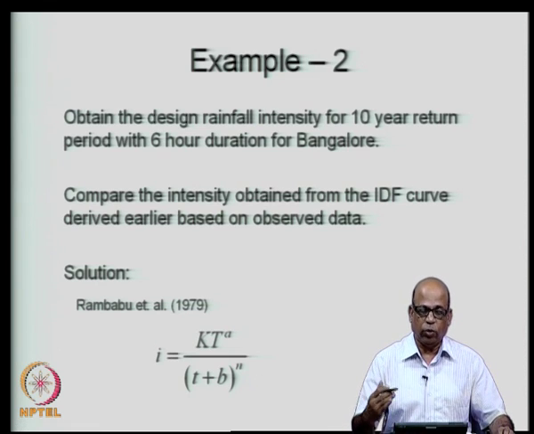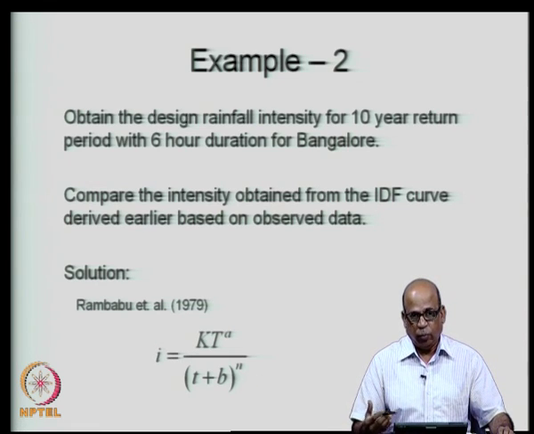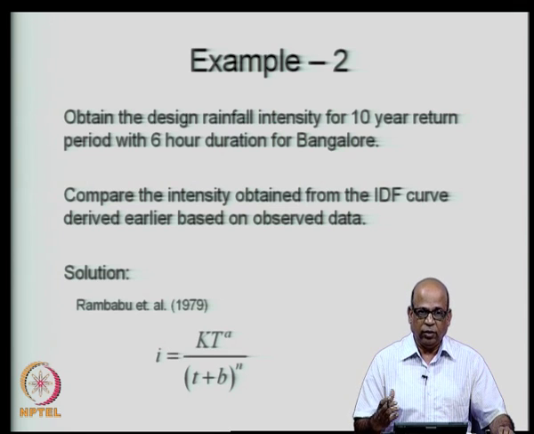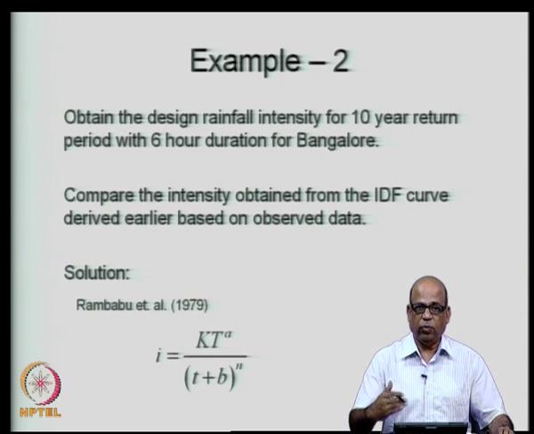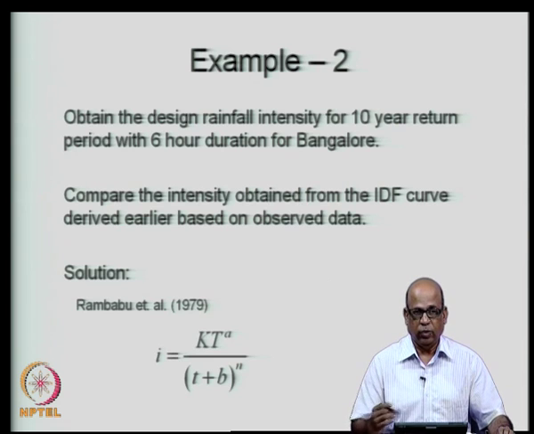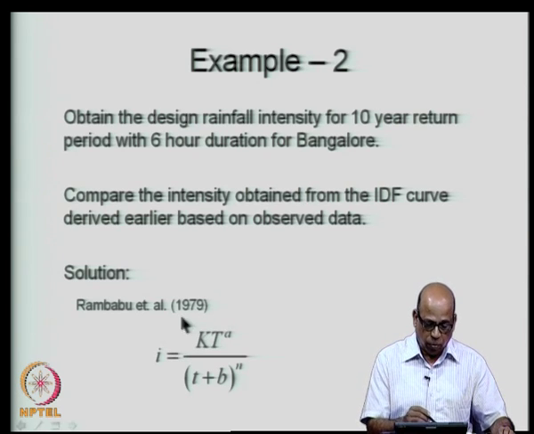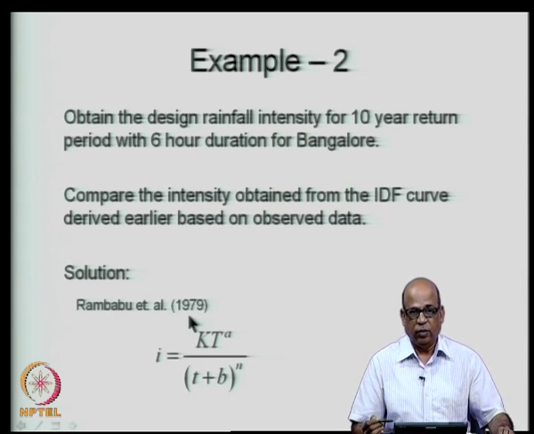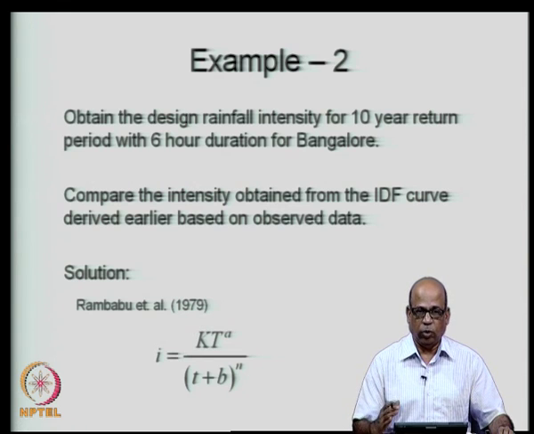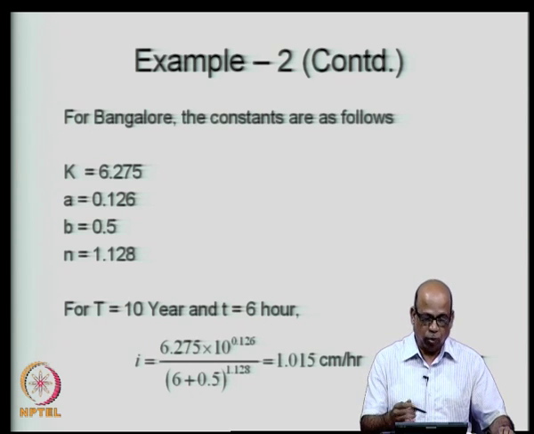However, as time progresses and more data becomes available, empirical relationships or their constants can change for various regions, because the rainfall pattern would have changed over a period of time. So, this is a fairly old relationship, whereas Kothari and Garde is more recent.